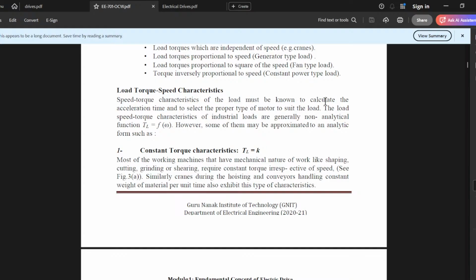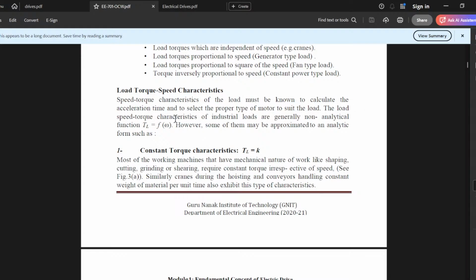We will calculate the acceleration, and for the acceleration we need speed torque characteristics. If we get acceleration time, we will know what type of motor we can use.